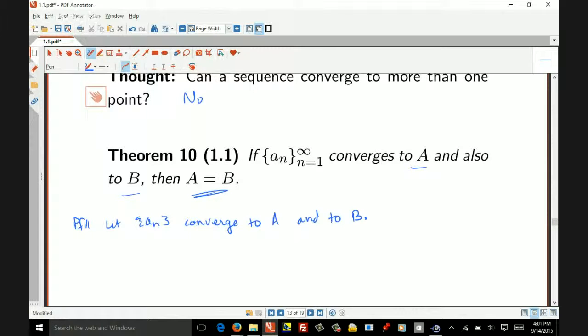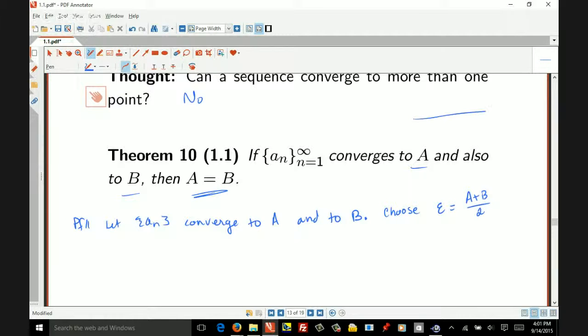When you're proving convergence, you don't get to choose it. But when you're applying it, when convergence is given, you get to choose it. So I'm going to choose epsilon to be equal to (B minus A) over 2.